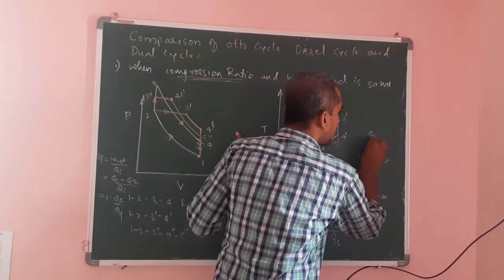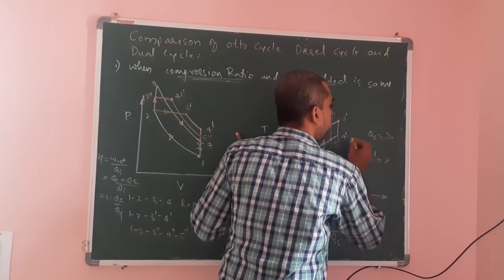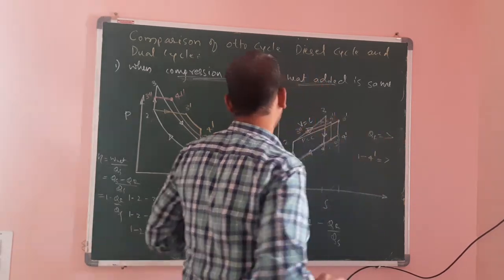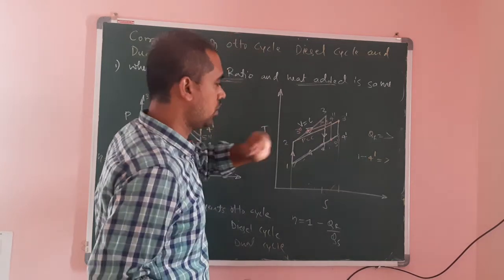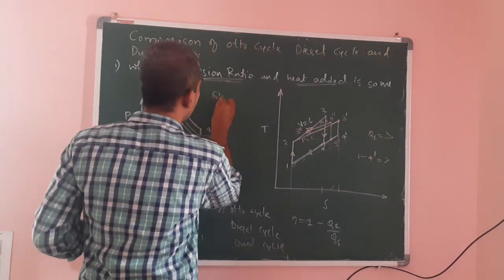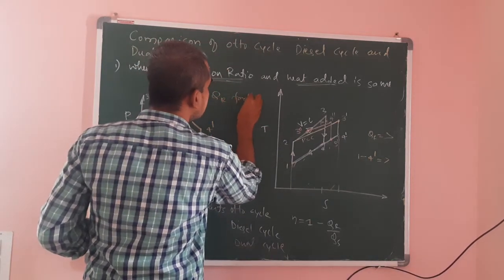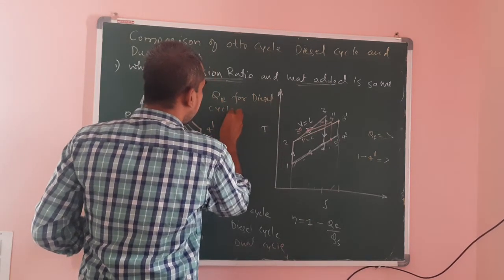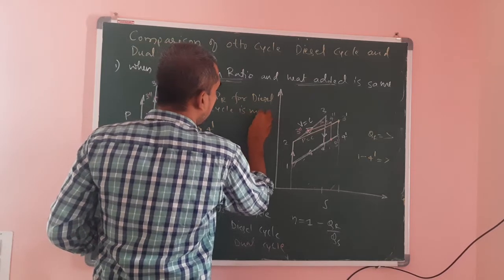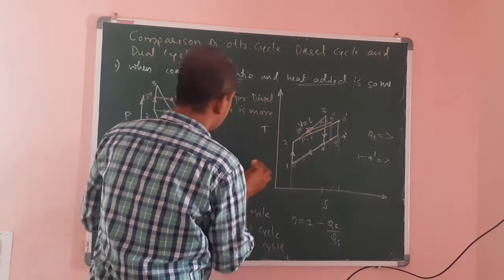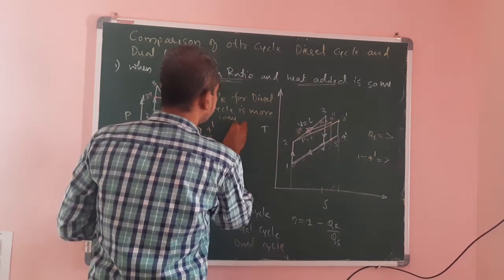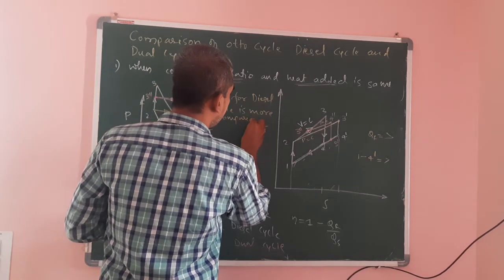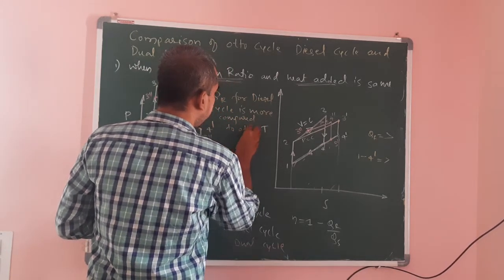Therefore, QR for a diesel cycle is more compared to QR for an Otto cycle.